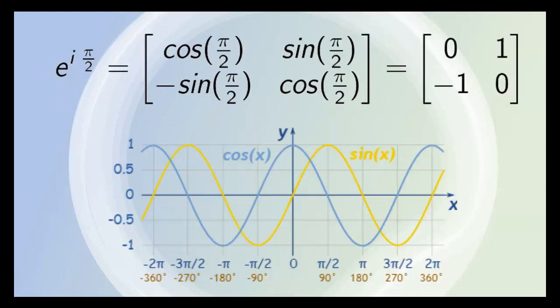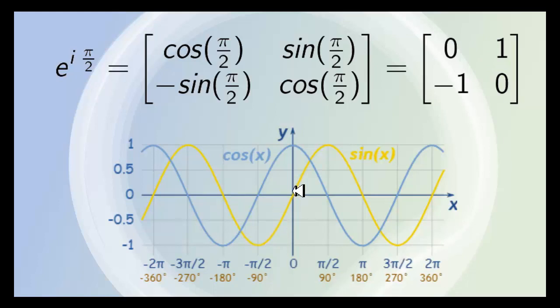So let's do another example. Now we're going to do e to the I times pi over 2. This is the phase angle, so we're going to plug in the pi over 2 in all of these locations, and evaluate it. The cosine of pi over 2 is 0, so we plug 0 here and 0 here.